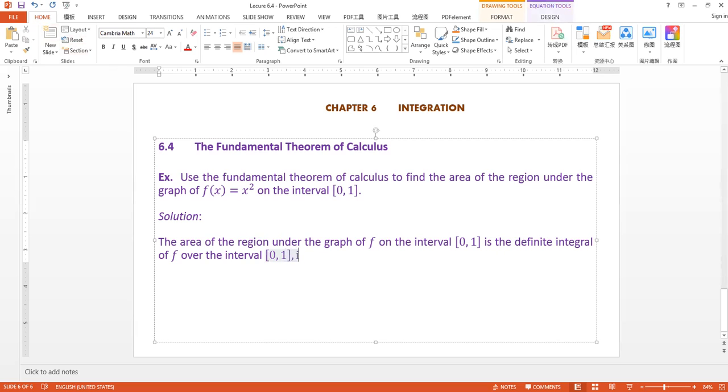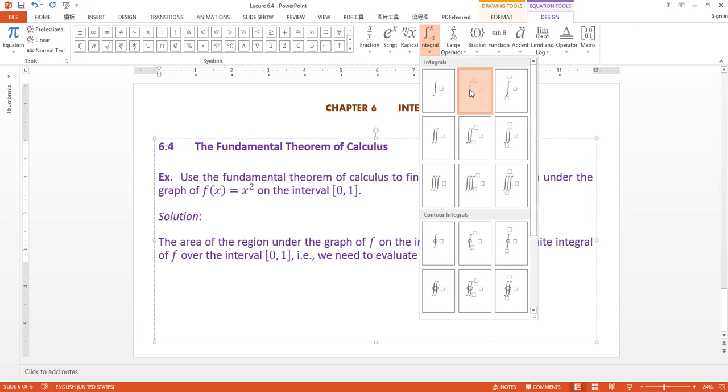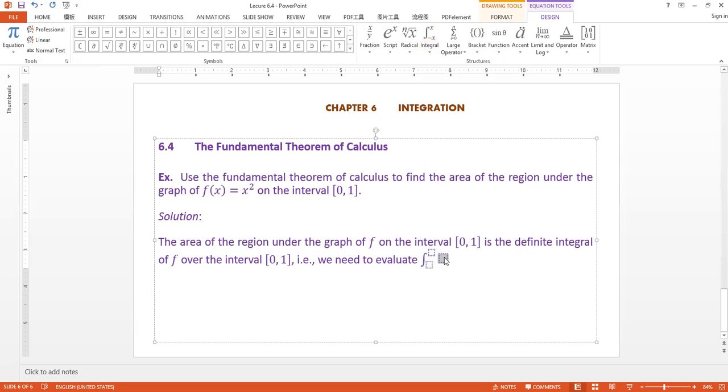So then what it means is that we just need to evaluate the integral of f(x) from 0 to 1.